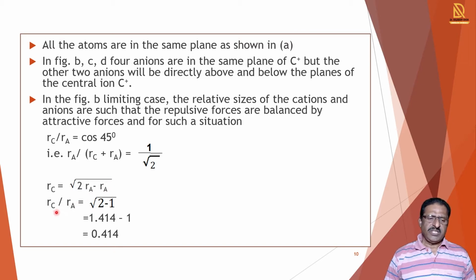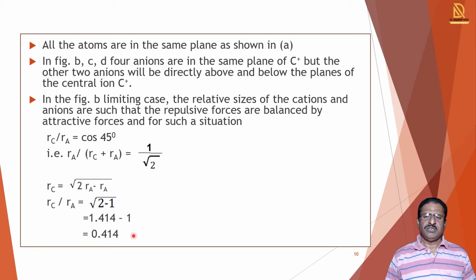By solving that, we get RC divided by RA is equal to under root 2 minus 1. Again, by solving, we get 1.414 minus 1, that is equal to 0.414. So the radius ratio of cation to anion here is equal to 0.414, and this is suitable for the B case.